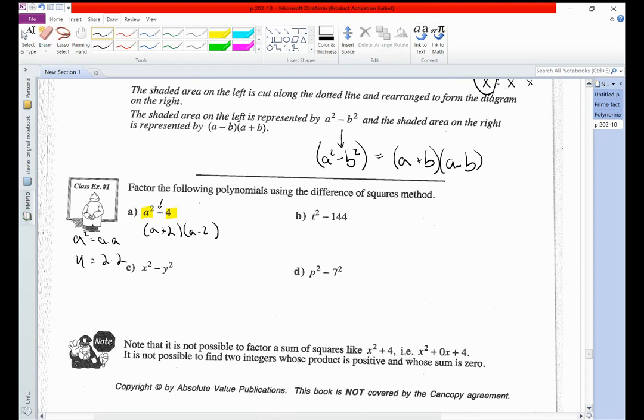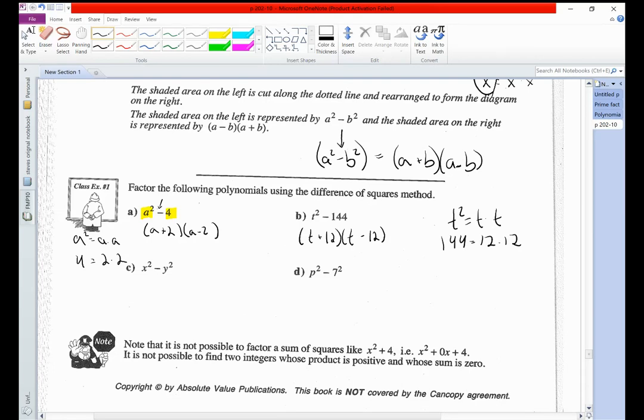All right, the next one, t squared is t times t. 144 is 12 times 12. One's positive, one's negative, and we're done. Both of those numbers are perfect squares, right? T squared is t multiplied by t, and 144 is 12 multiplied by 12.